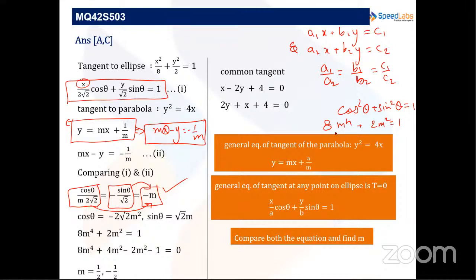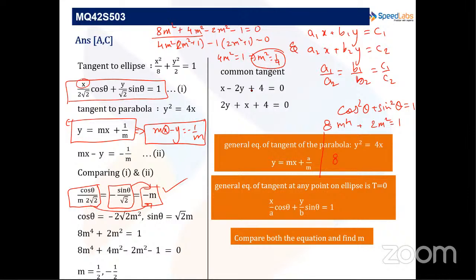You can solve this as 8m to the power 4 plus 4m square minus 2m square minus 1 equals 0. Taking 4m square common, we get 2m square plus 1, and taking minus 1 common, 2m square plus 1 equals 0. So we get 4m square equals 1, which implies m square equals 1 by 4. So the value of m will be 1 by 2 and minus 1 by 2.